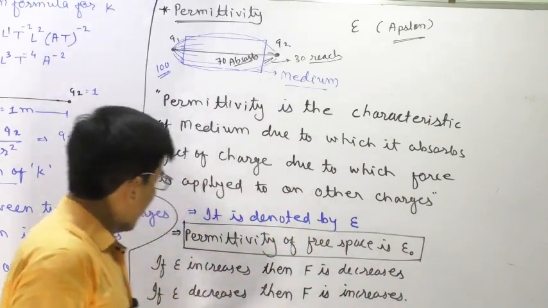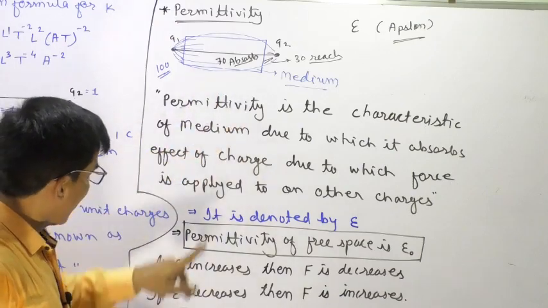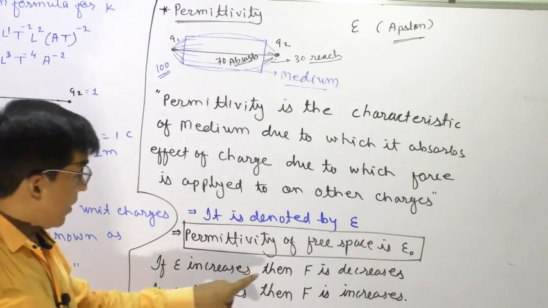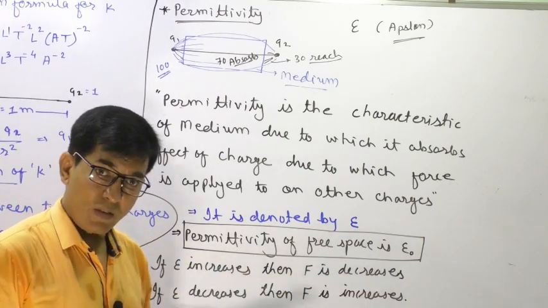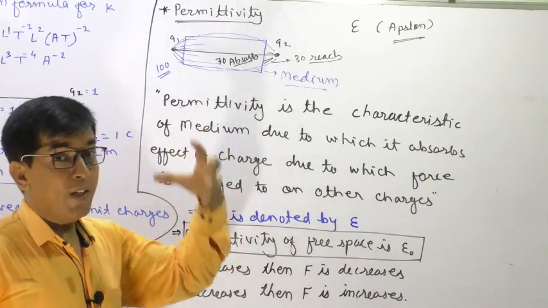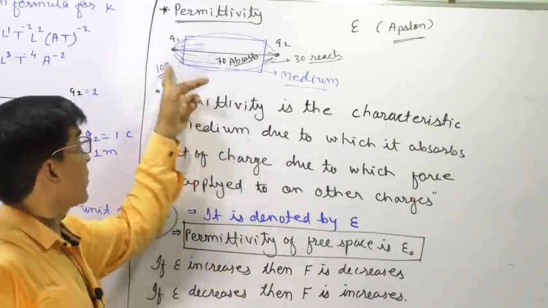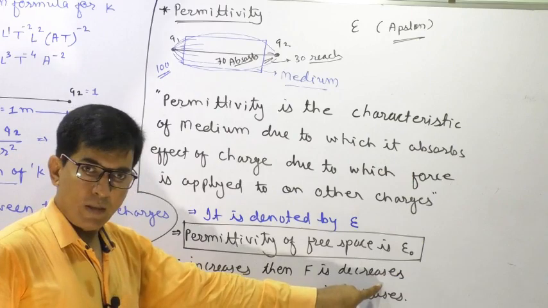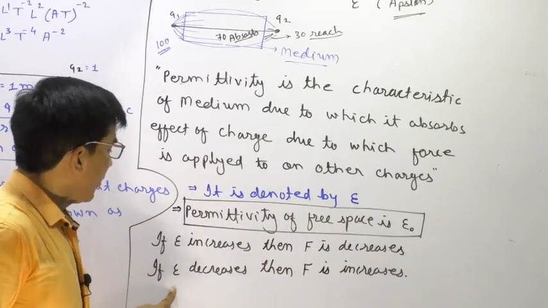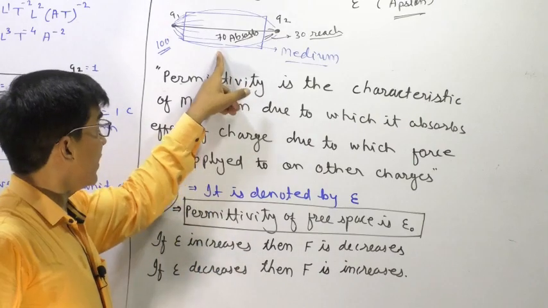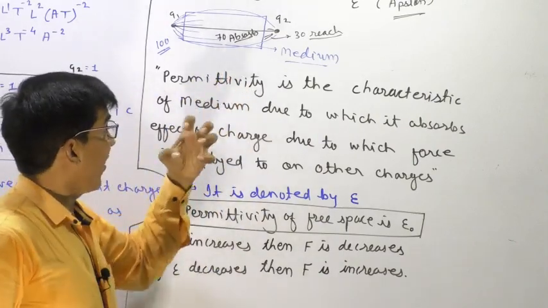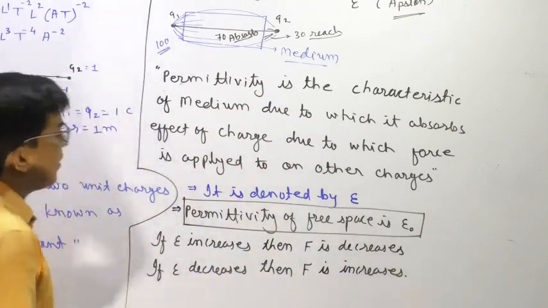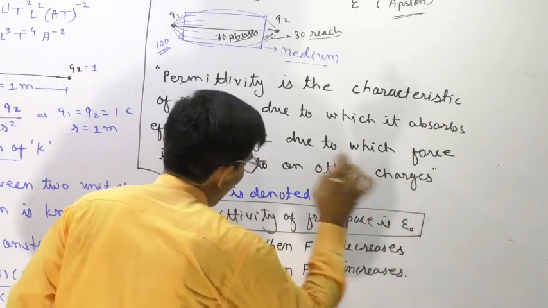But for a particular medium, if epsilon increases, meaning permittivity increases, then force decreases, which we have discussed, because it can absorb the effect of the force. So force becomes weaker. And if epsilon decreases, it will not allow more absorption, so force becomes stronger.